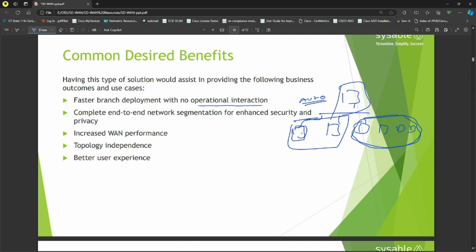That means again these routes should be propagated to the data center, so that these branches are able to communicate via the data center only. So the solution also includes topology independence and better user experience.